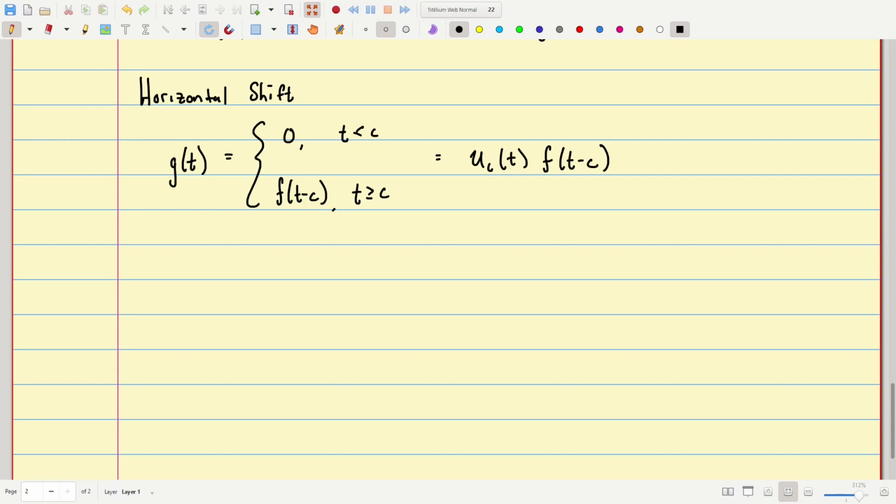So what this represents is a function getting turned on at a particular value.